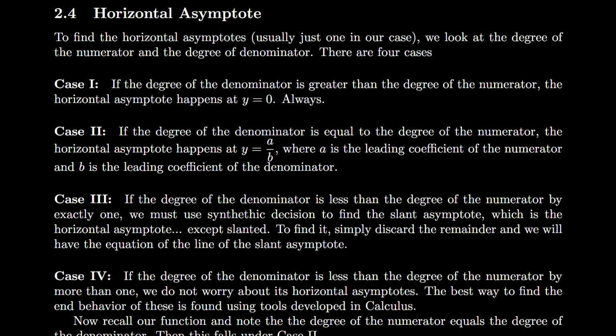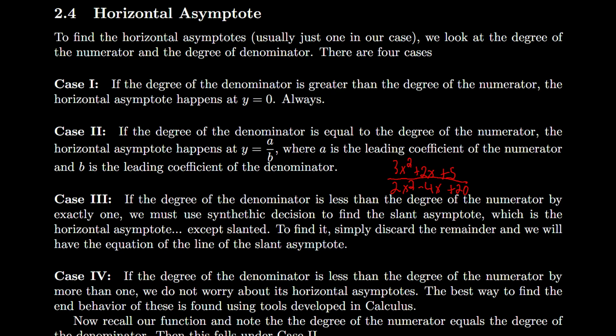So, let's talk about the next case, which is if the degree of the denominator is equal to the degree of the numerator, the horizontal asymptote happens at y equals a over b, where a is the leading coefficient of the numerator and b is the leading coefficient of the denominator. Let's say, for instance, that we had 3x squared plus 2x plus 5 over 2x squared minus 4x plus 20. Okay?